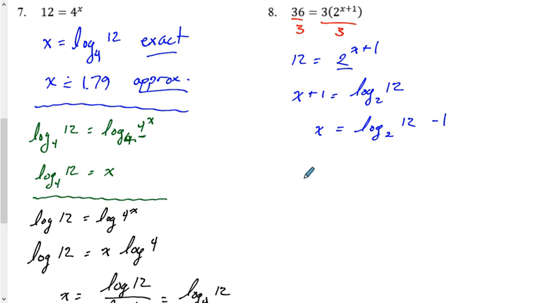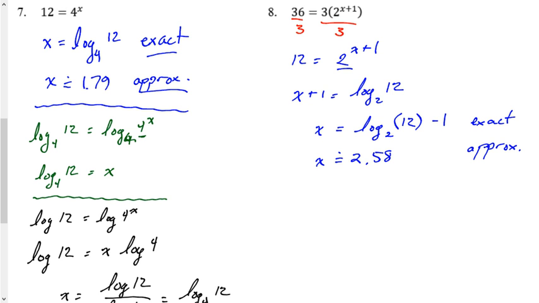Now, it might be tempting here to do 12 minus 1 is 11, but remember the logarithm is only operating on the 12, so I can't subtract this 1 from that 12. This would be my exact value solution. And then if I was to plug this into my calculator, we could evaluate an approximate solution. And there we have our approximate solution and our exact value solution.